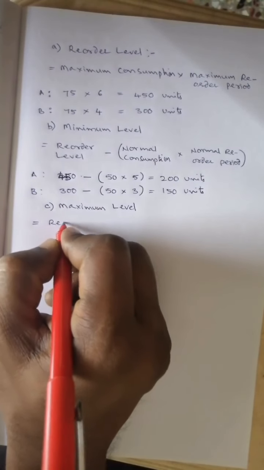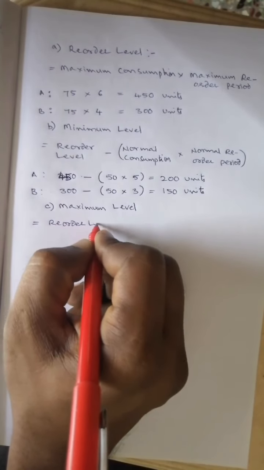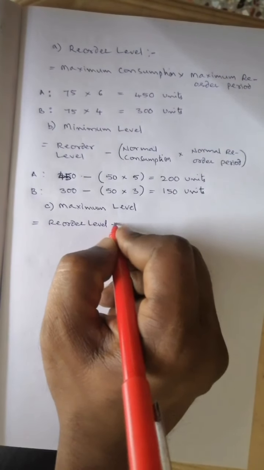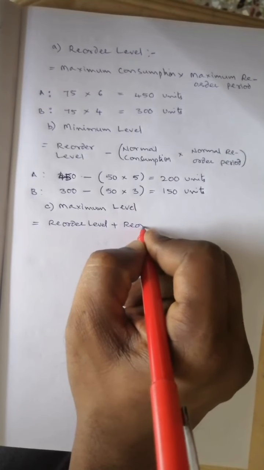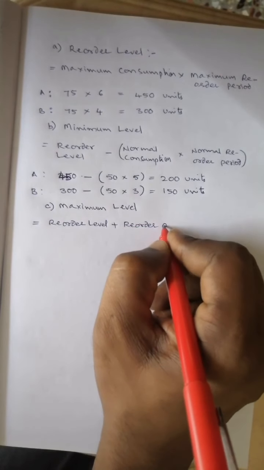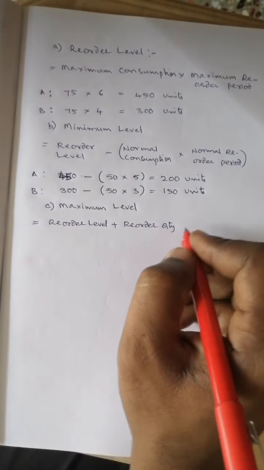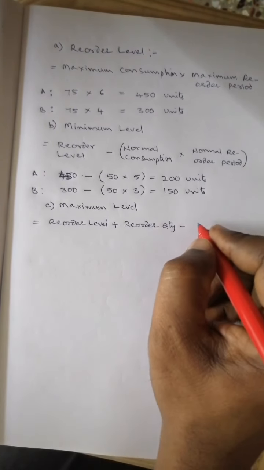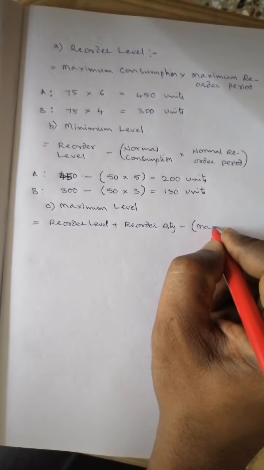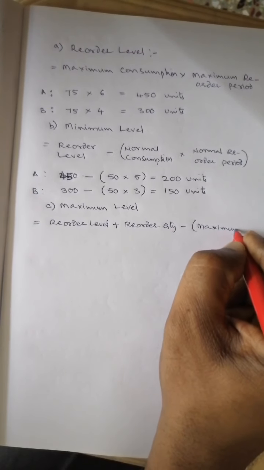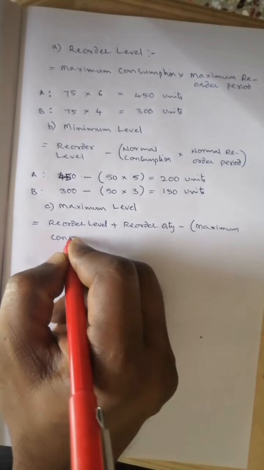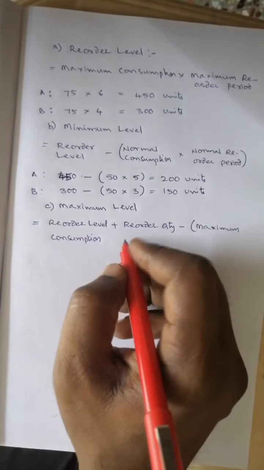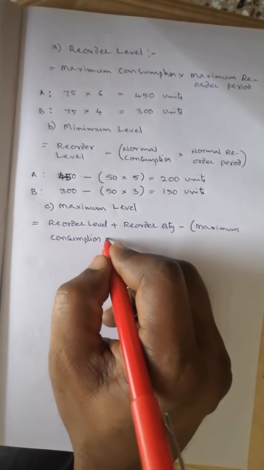Reorder level plus reorder quantity minus maximum consumption multiplied with minimum reorder period.